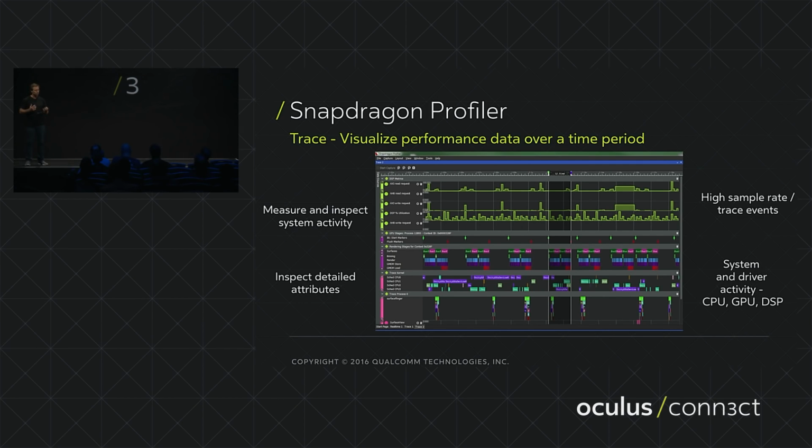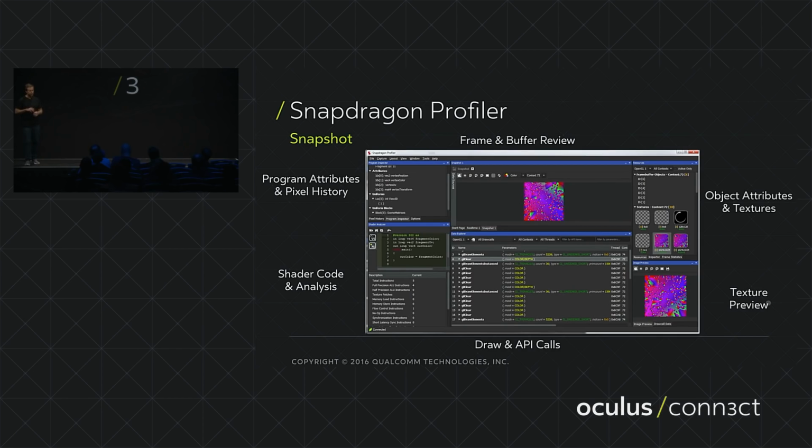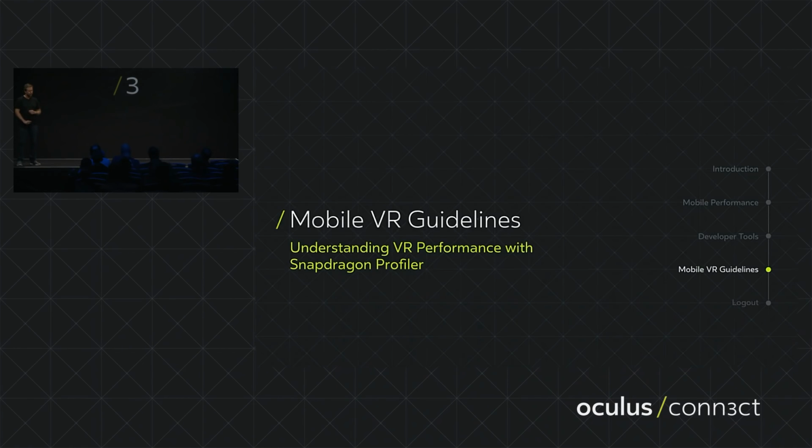So what we actually did was take Android systrace, trace kernel data, and start instrumenting with our driver and for the graphics driver, and getting data out of our DSP as well, so you could see a complete system view on the same timeline of what's going on. The snapshot mode is our frame captures, if you're familiar with GPU debugging tools. We'll kind of dig into that a little bit.